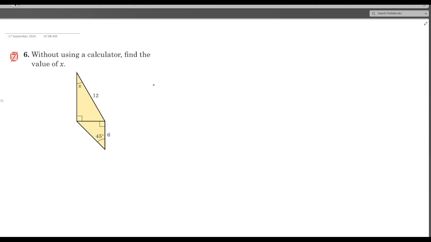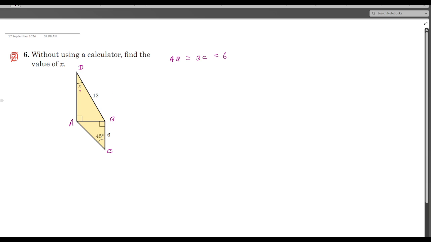Without using a calculator, find the value x. Okay, so now if I label these triangles for our understanding A, B, C and D, you can see that the triangle ABC is an isosceles triangle, and the length of AB will be the same as the length of BC, which is 6.